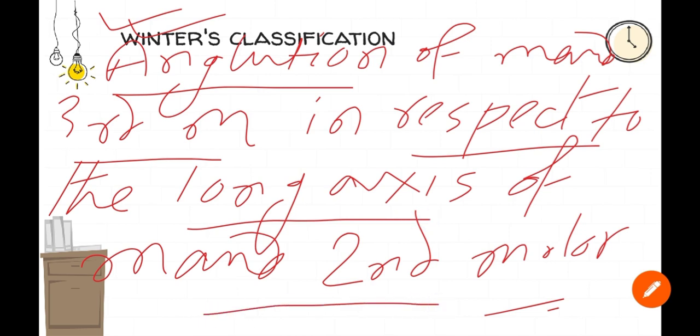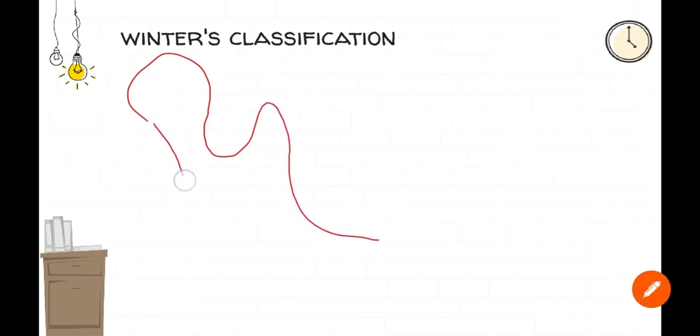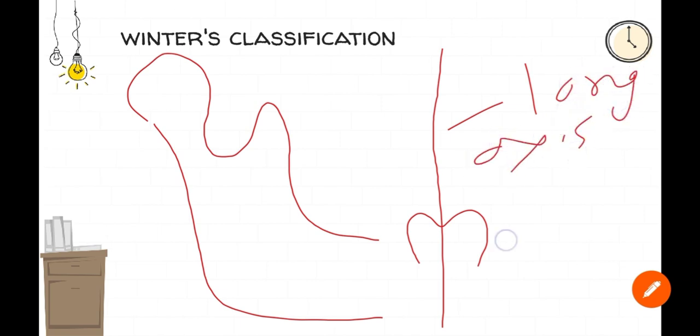So the basis of Winter's classification is the angulation of the third molar tooth in respect to the long axis of the mandibular second molar. Let's see how it is. If it is the mandible, and this is the second molar tooth, then Winter's classification depends upon the long axis of the mandibular second molar. So this is the long axis of the mandibular second molar.